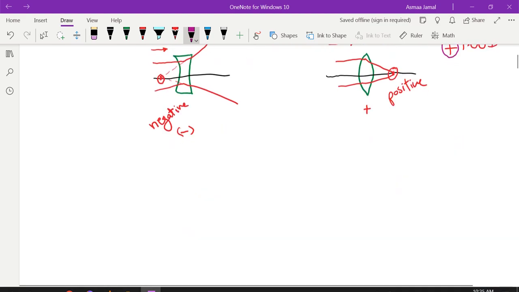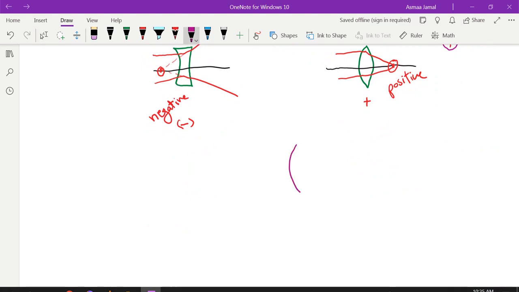We also can measure the curvature of the lens, and we measure it also in diopters as the reciprocal of the radius of the lens in meters, which means the curvature of the lens equals 1 over the radius of curvature, and we measure it also in diopters when the radius of curvature is in meters.